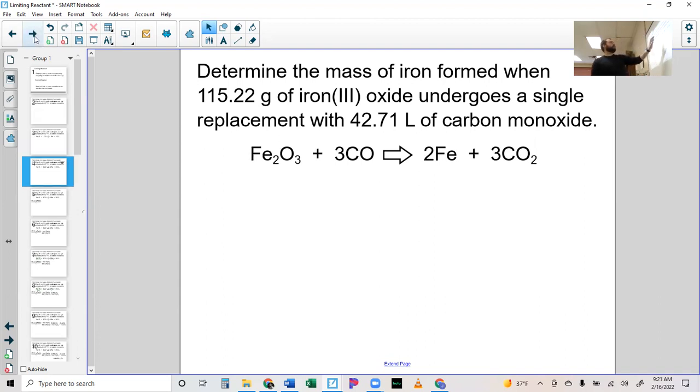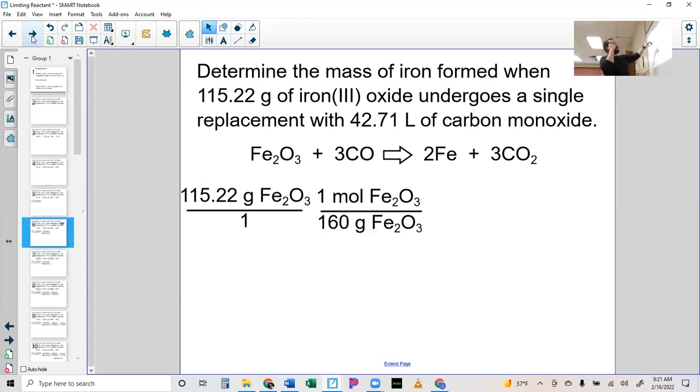So our metals are balanced, our carbons are balanced, and then our oxygens are balanced here. So we start with 115.22 grams of iron 3 oxide over 1. Take one of your givens and put it over 1. You're going to convert it to moles using the molar mass. You're going to use the molar ratios to see how much. We're looking for the mass of iron formed.